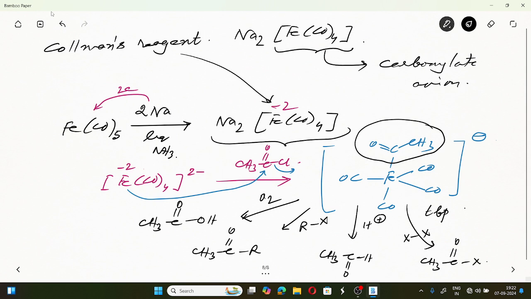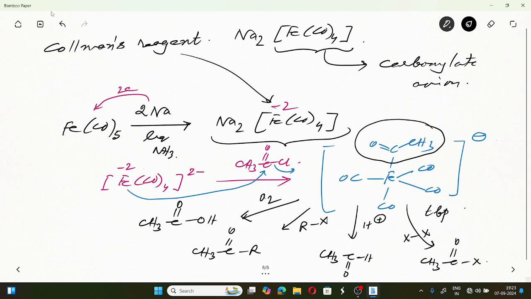So Coleman's reagent is very important, particularly you'll find that they can give you MSQ question, which of the following is correct with respect to Coleman's reagent. দেখো Coleman's reagent নিয়ে আমরা অনেক কিছু বললাম, ঠিক আছে? এটা দিয়ে অনেকগুলো সিনথেসিস হচ্ছে, we can synthesize a large number of complexes.